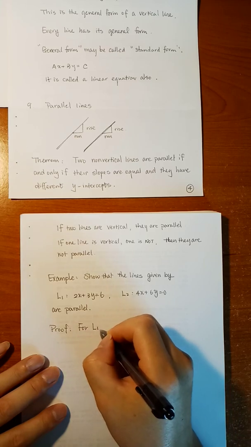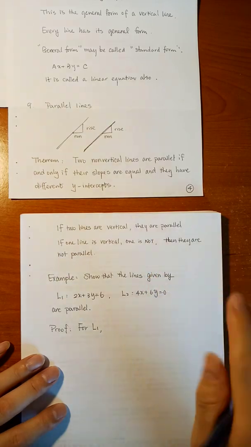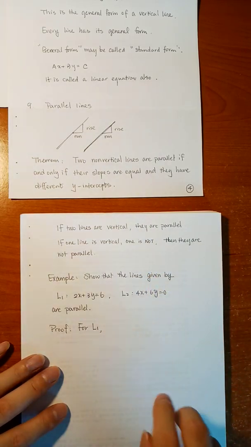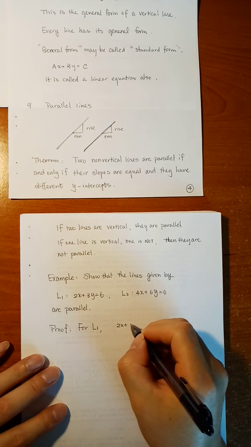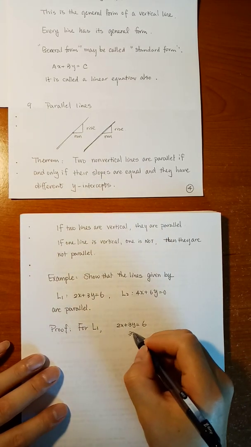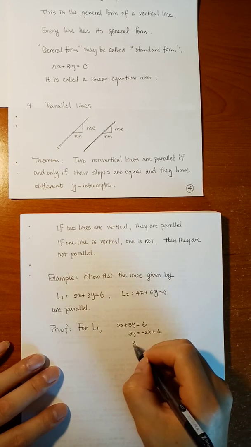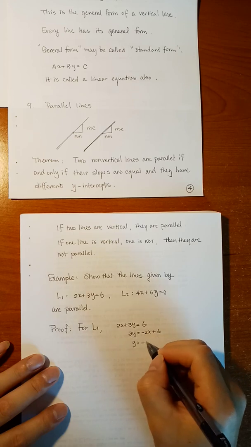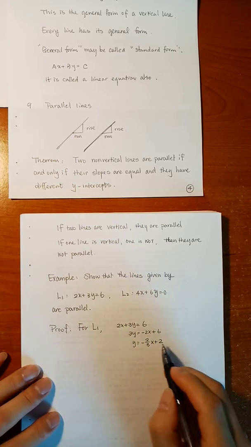For line 1, let's find the slope intercept form, because slope intercept form can directly give us slope and intercept. Let's do it. 2x plus 3y is 6, move 2x to the right side and divide the equation by 3. So this is a slope intercept form.